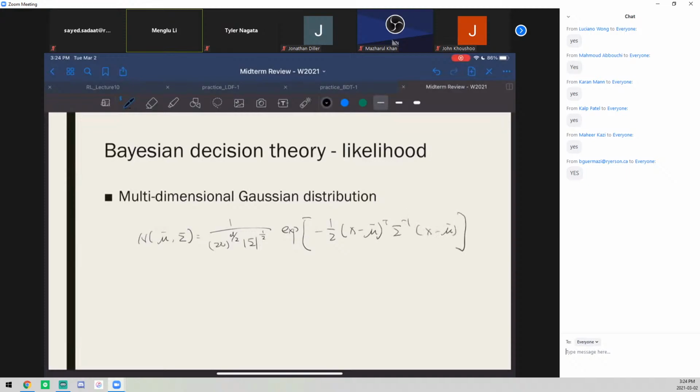This formula is also in the course notes, so you don't need to remember it, you just need to find it.